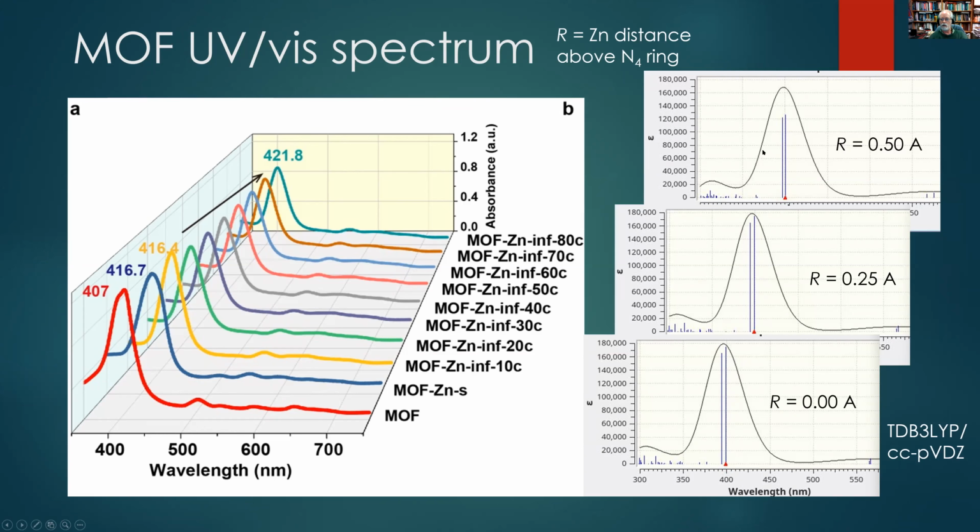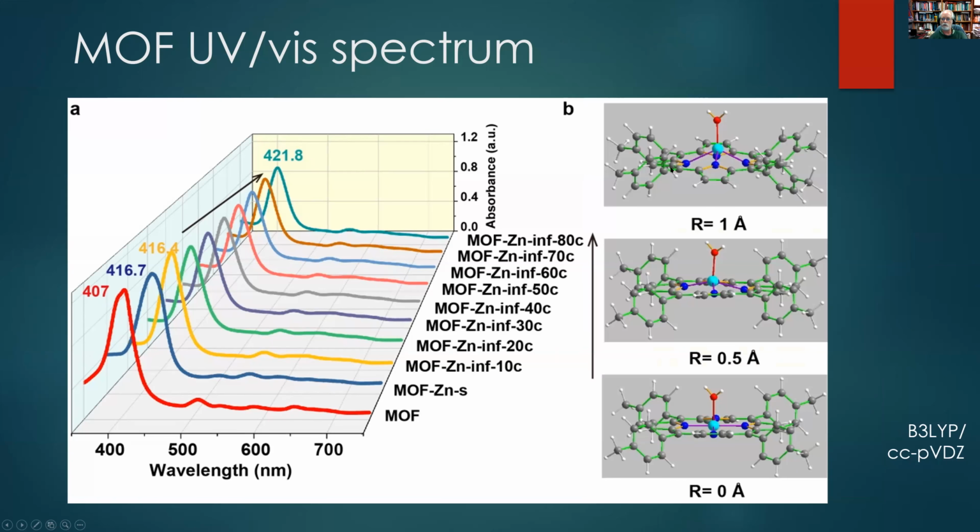And then as we move the zinc out, so we're just forcing the zinc to be deformed from the center of this plane, we see the same trend as Jinggu sees. We see a mild shift to higher wavelength and a mild decrease in the intensity of the transition.